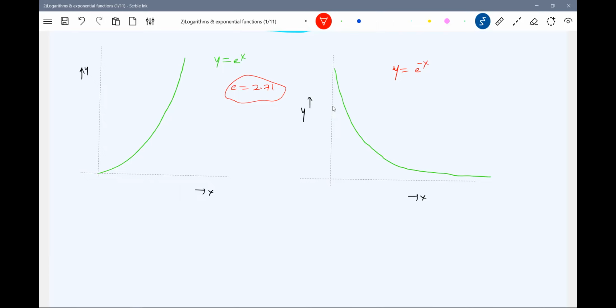It will vary exponentially. This is called an exponentially increasing function, and this is an exponentially decreasing function. And there is one basic difference we can note here.